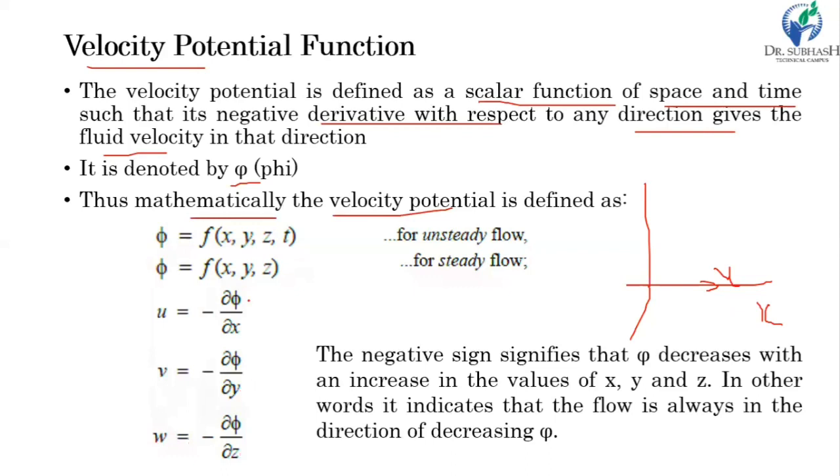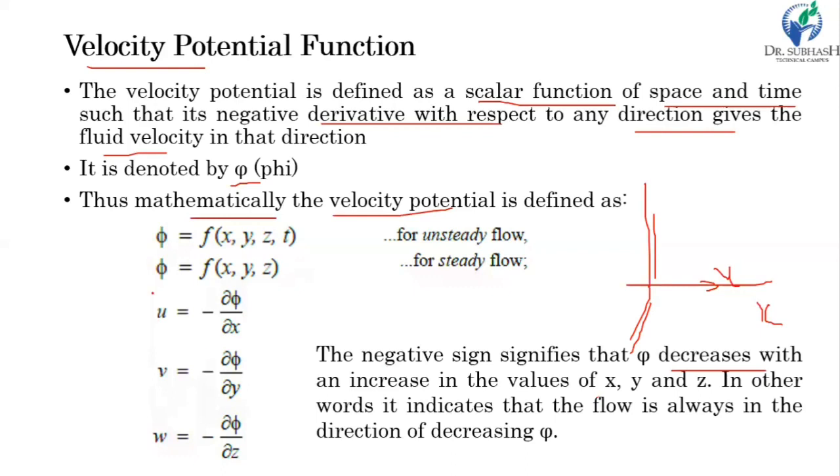Here again, keep in mind that this is not a complete derivative, this is a partial derivative. So phi varies in the x direction only, whereas phi in any other direction, say the y direction and z direction, is constant when we are deriving the equation. Again, one important thing to notice here is that the negative sign indicates that phi decreases. Phi will decrease with the increase of the value of x, y, and z.